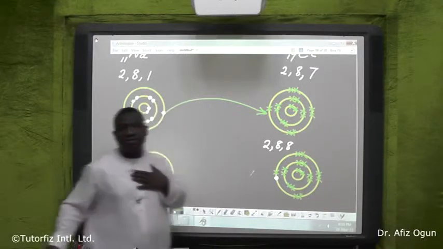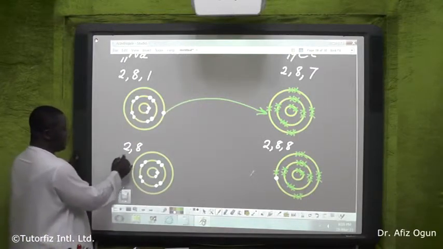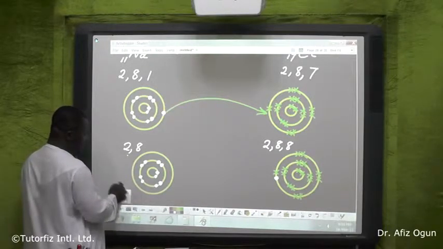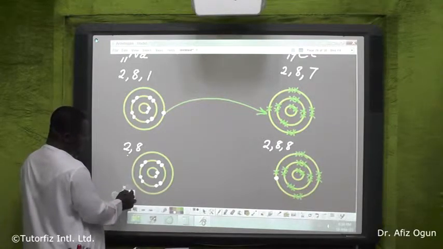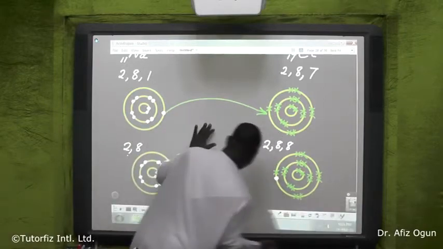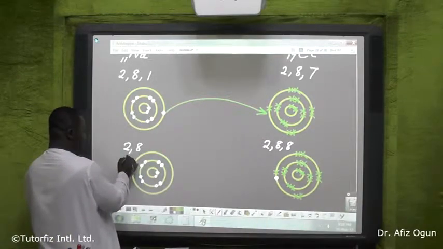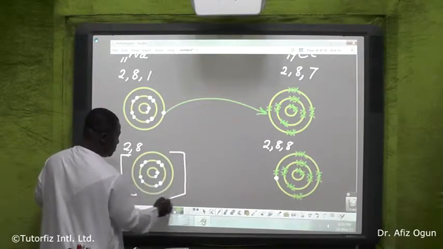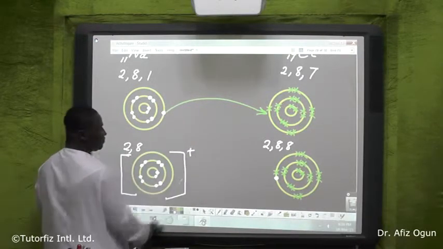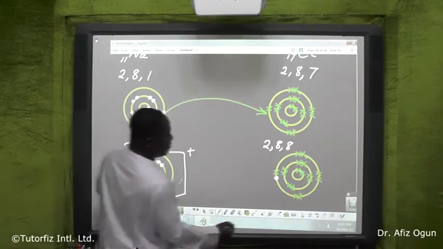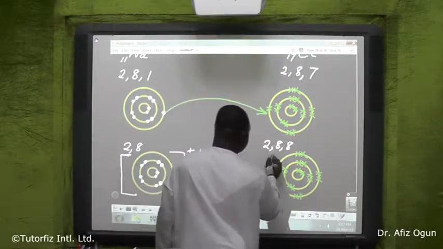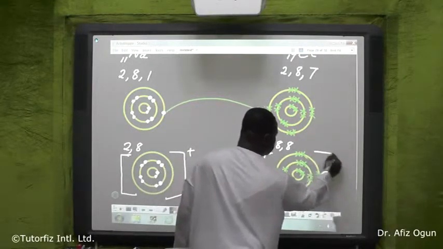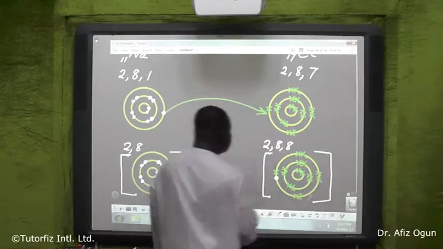Being a man, sodium atom becomes positively charged. And being a woman, because it has one excess electron, chlorine becomes negatively charged.